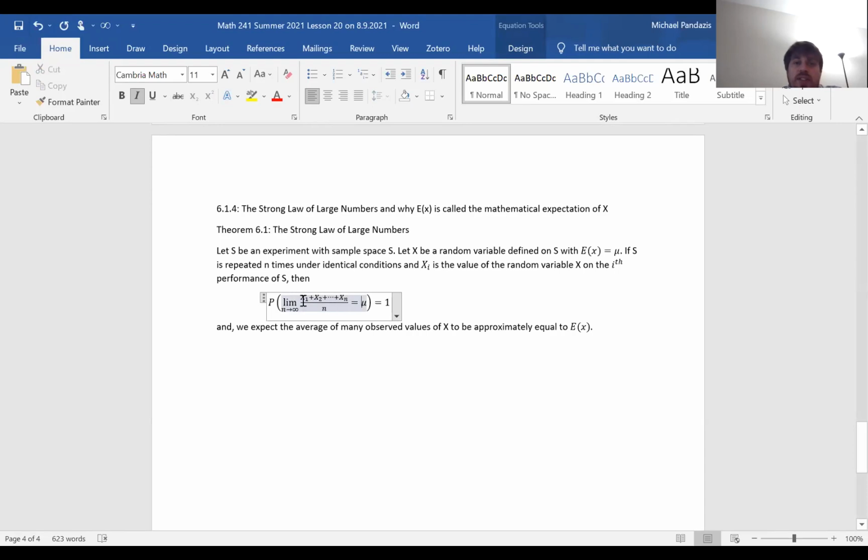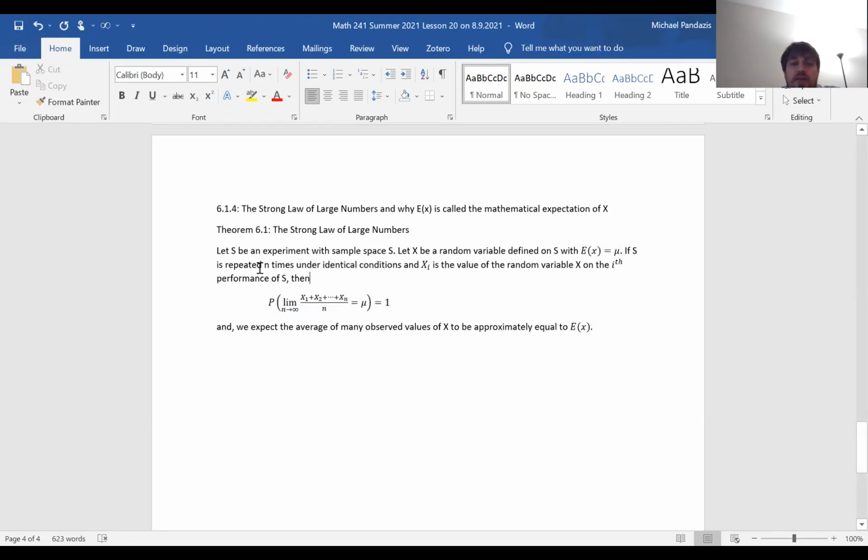Since the probability of that is 1, the average should be approximately equal to mu, which is E of X, for large little n. Little n is the number of times the experiment is repeated under identical conditions.